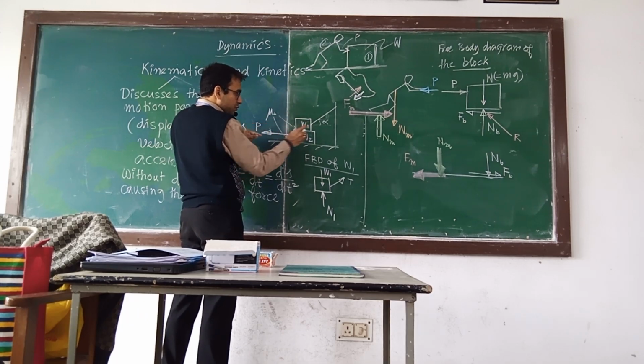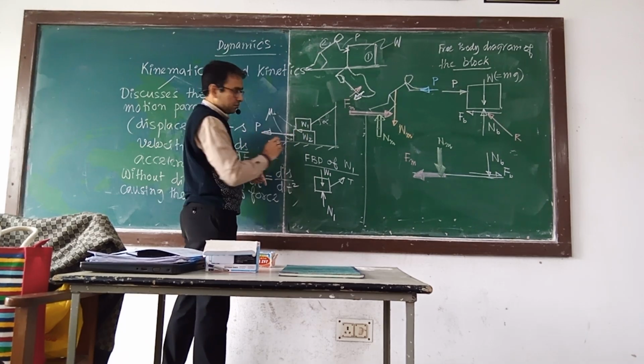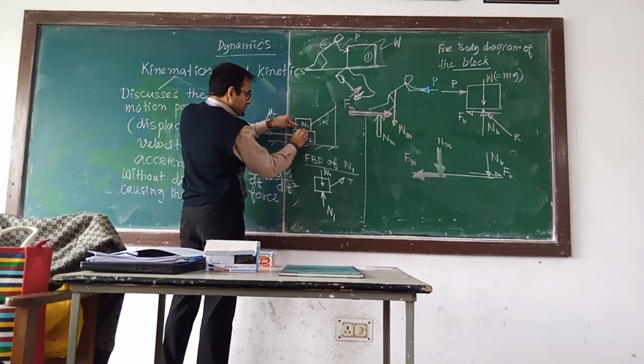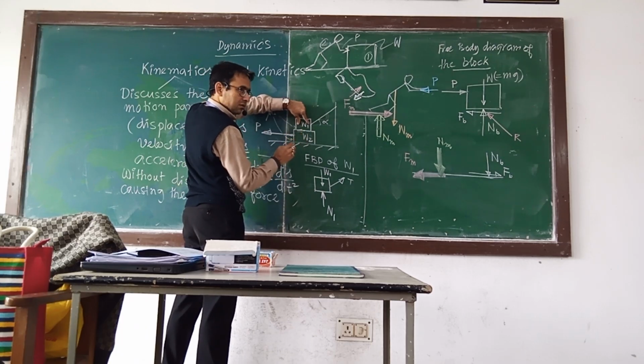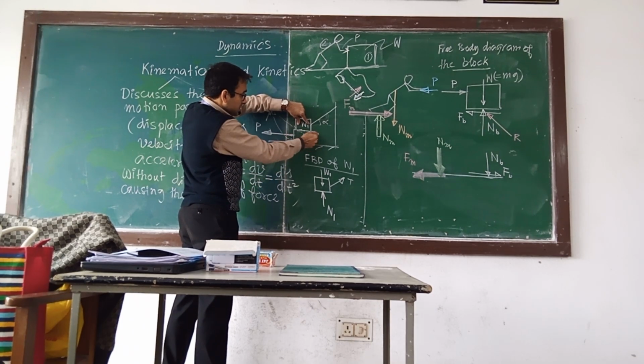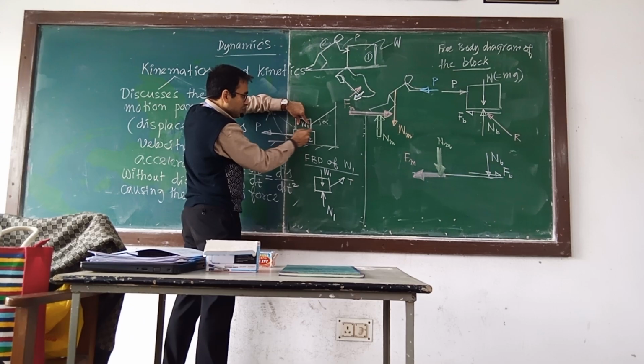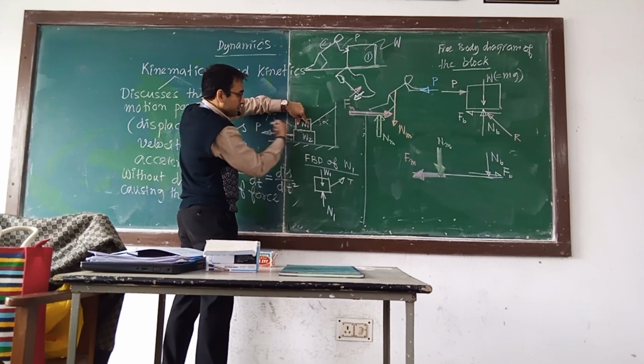The friction will be in this direction, because this is trying to move this object. This is fixed, so since it is trying to move in this direction, this object will try to move this block in this direction. Therefore, the friction force will be in this direction, on this.